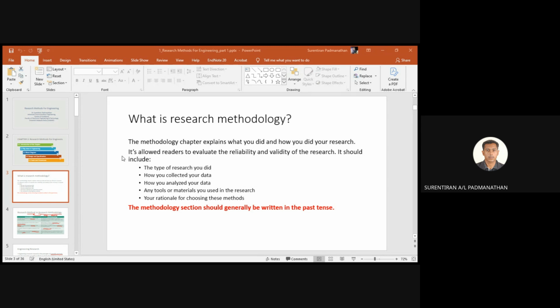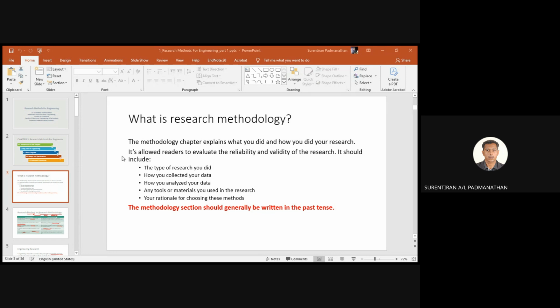That kind of thing you have to see. So starting from literature, then finding the research gap, then stating the problem statements, then from the problem statement you have to derive the objectives.